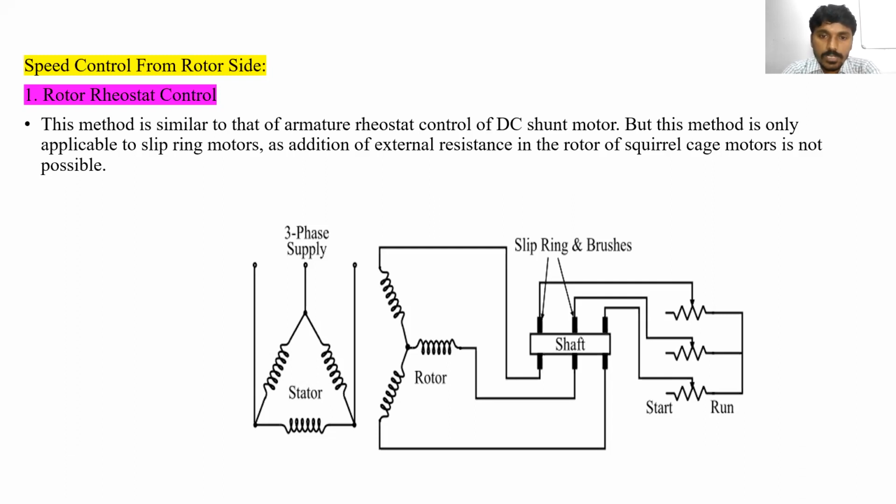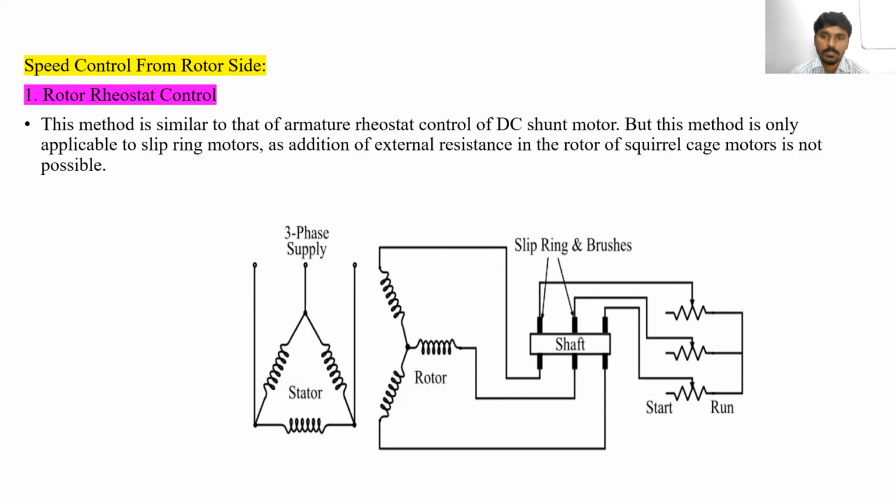If the voltage is controlled, accordingly the speed of the induction motor is also controlled. Obviously, because we are controlling the rotor EMF, it will affect the speed of the induction motor.